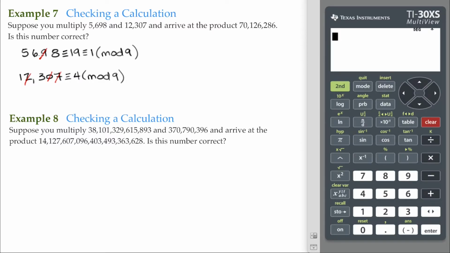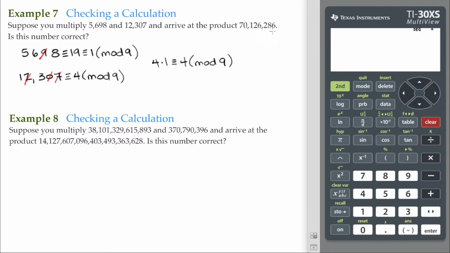So that means if I take 5,698, multiply it to 12,307, I can do the same with their remainders. So that's 4 times 1. That's got to be congruent to 4 modulo 9. So if I multiply these two numbers together and divide it by 9, I should come up with a remainder of 4.